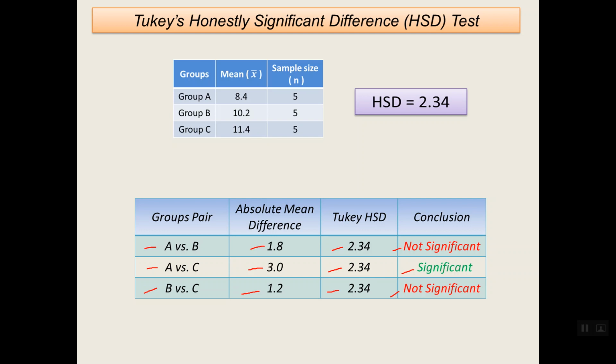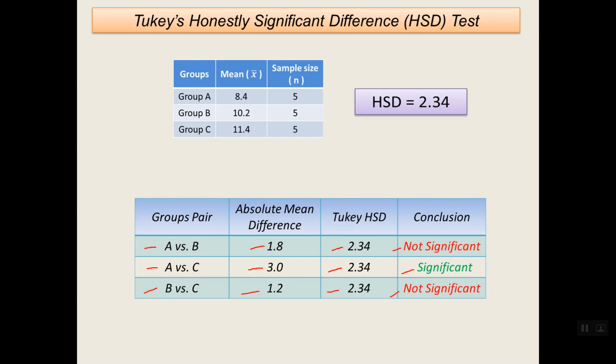As we have said, we need three values in order to determine the value of HSD. But the limitation for the Tukey HSD is that the sample sizes should be equal, should be the same. If they are not the same, we use another test which is called the Tukey-Kramer test.